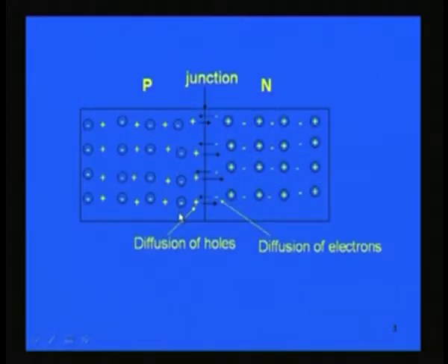every acceptor ion had a hole, which is positively charged, along with it, so charge neutrality was maintained. Similarly, on the n side, the donor ion had a free electron attached to it, so charge neutrality was also conserved.